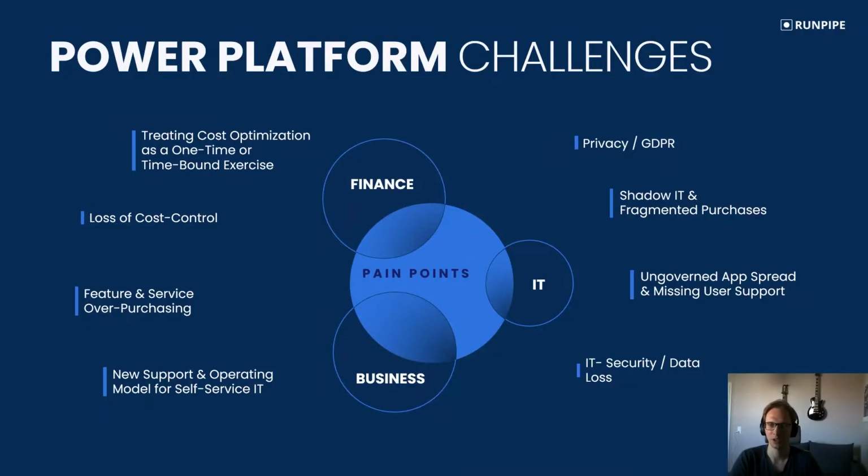Another challenge would be, of course, data loss. You don't want users to use components or connectors which can talk to the outside of your organization, or maybe you want to let people do this, but you want to still stay in control of which data goes out and whether this is a regulated use case.